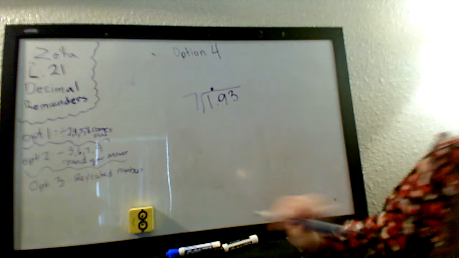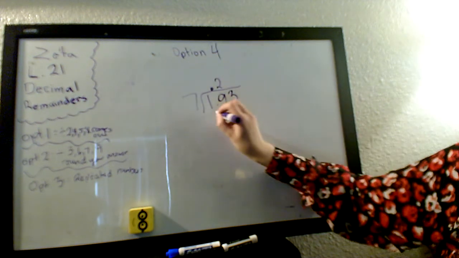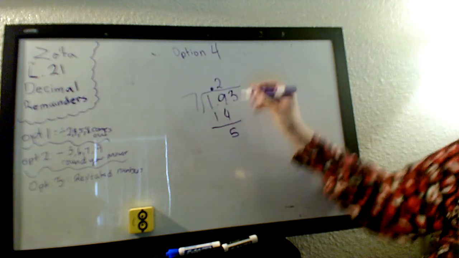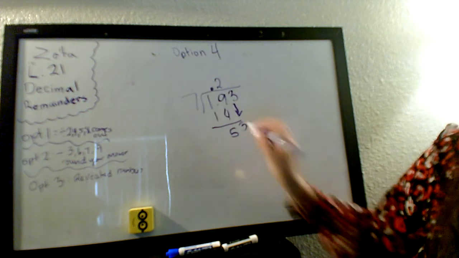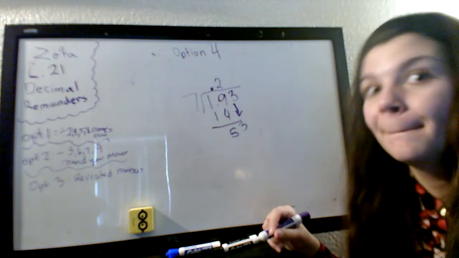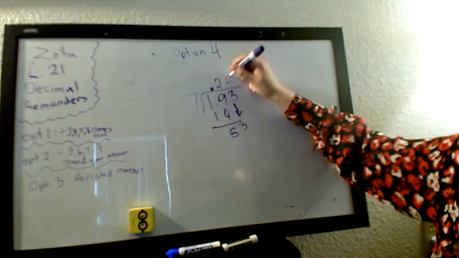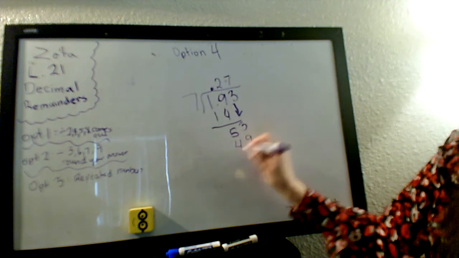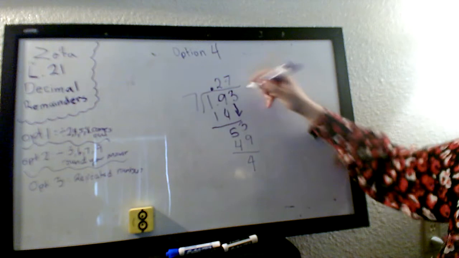How many 7s go into 19? 2. And that is 14. 53. Oh, man. How many 7s go into 53? 7 times 7 is 49. Okay, that's 4.